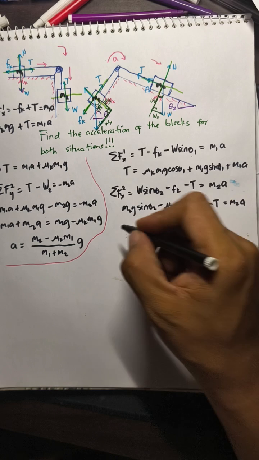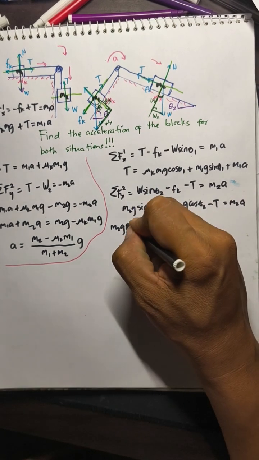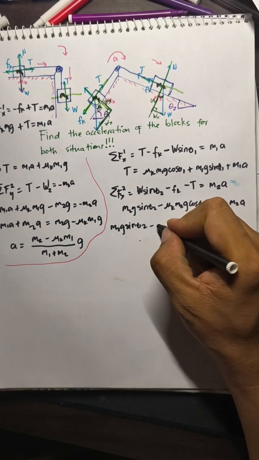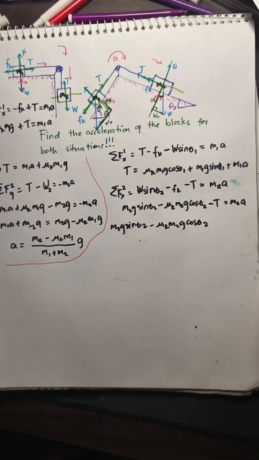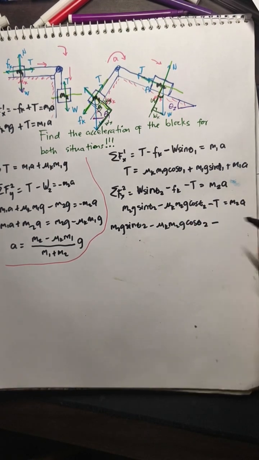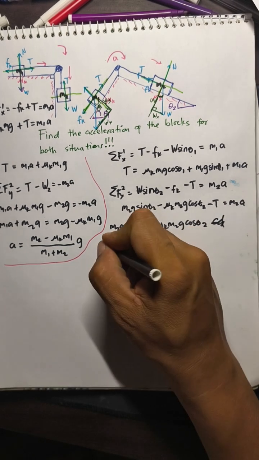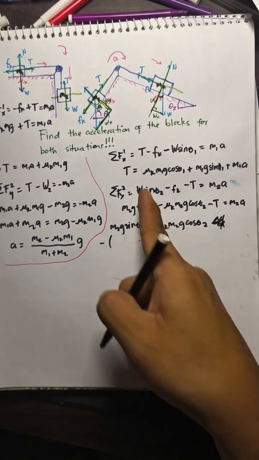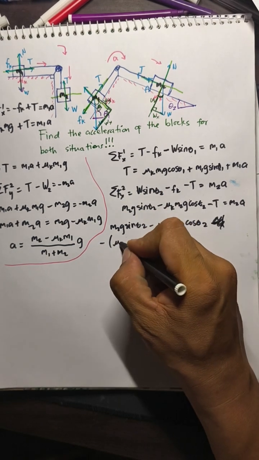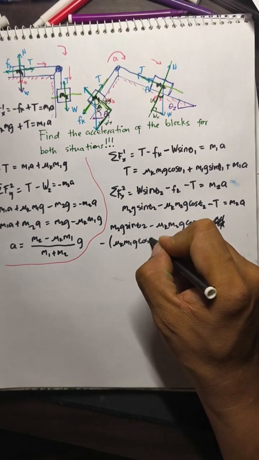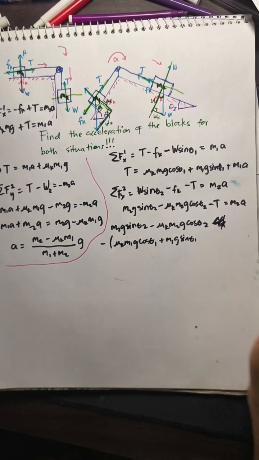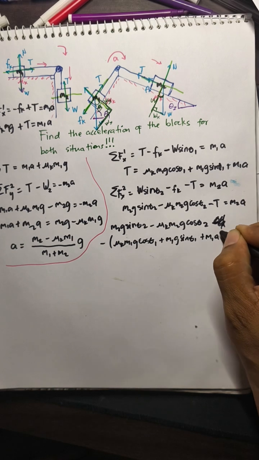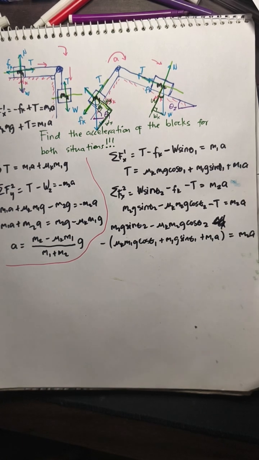We will now get m2g sine theta 2 minus mu k m2g cosine of theta 2 minus, we have to put a parenthesis here, minus mu k m1g cosine of theta 1 plus m1g sine of theta 1 plus m1a equals m2a.